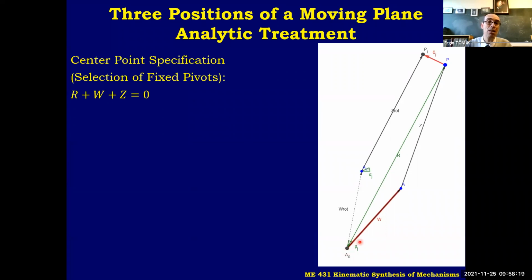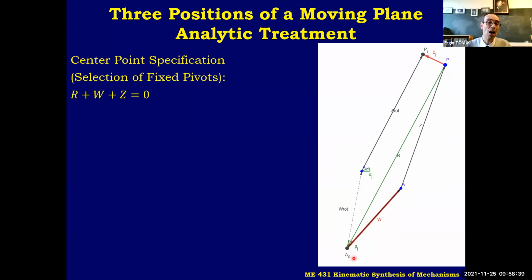So that's just a new definition, which is handy. So we have this identity: W plus Z is negative R, or negative W, negative Z is R. So if you like, W plus Z plus R is 0.